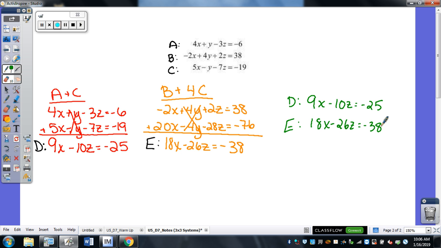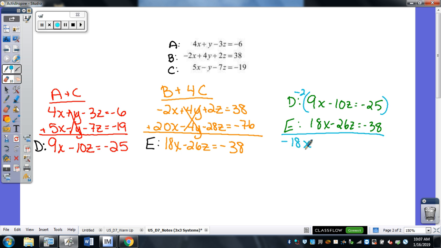I say we go for the x's, because I can easily turn a 9 into an 18 by multiplying it by 2. 10 and 26, that's not exactly easy. You're going to have to multiply them by each other, and then you have really, really large numbers. So I say we multiply equation D by negative 2.